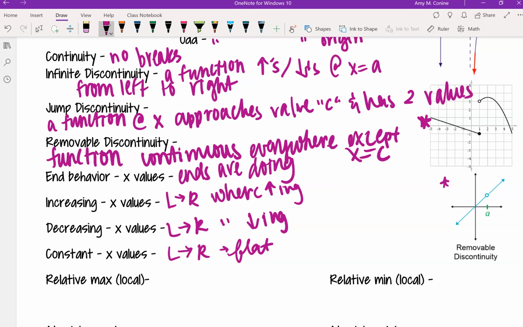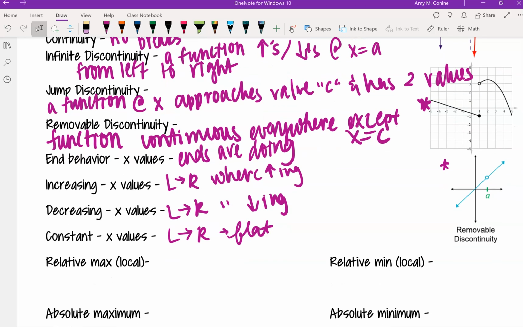Relative max, so a local max or relative max, you can have multiple of these, so it's the maximum, but you can have multiple maximums. Greatest point or points on an interval.